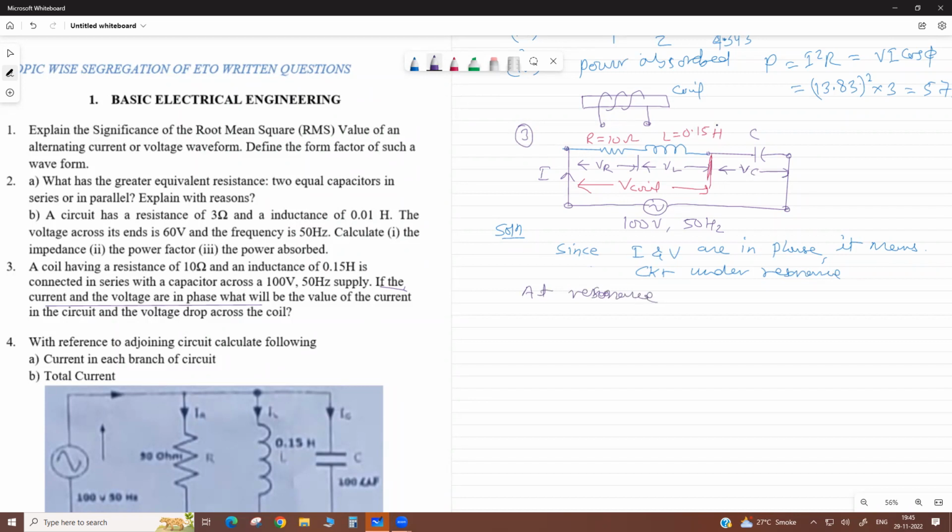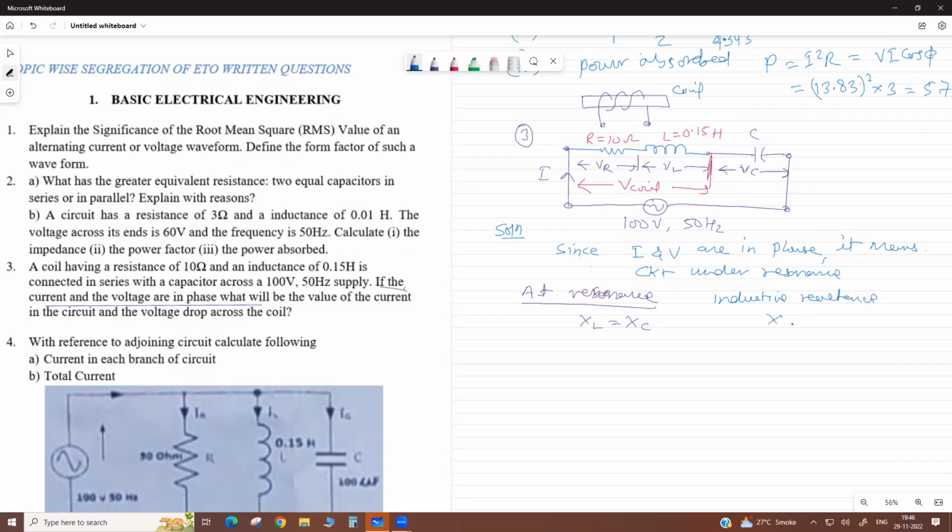So we consider it as an RLC series circuit. At resonance, you know, inductive reactance equals capacitive reactance. So now here we calculate the inductive reactance.